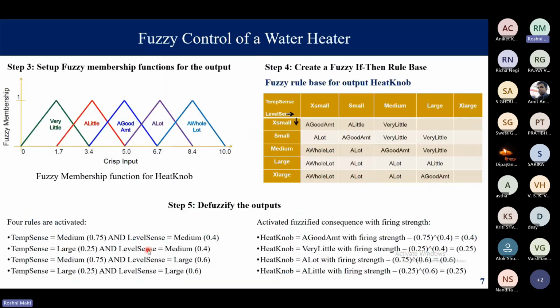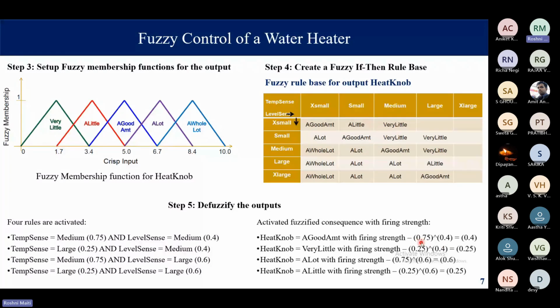Now, after generating these 4 rules, for the heat knob we have to take the smallest between these two.